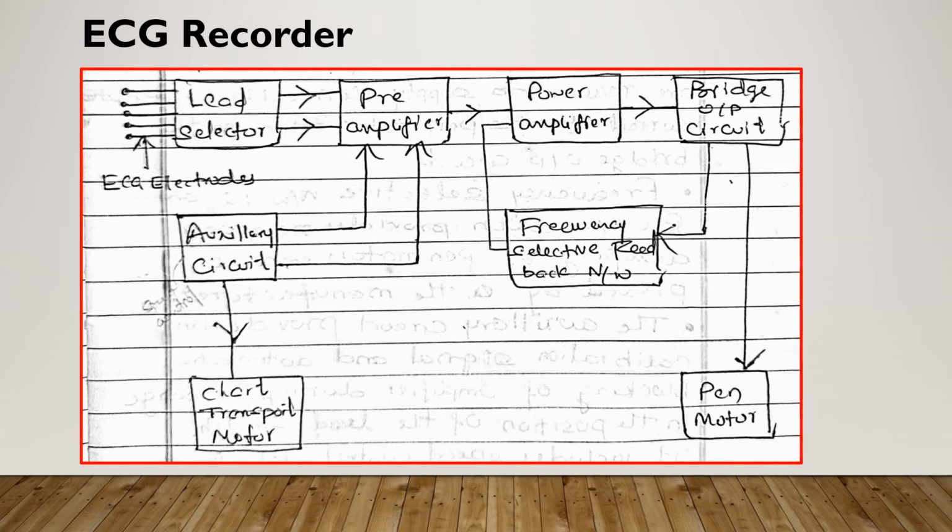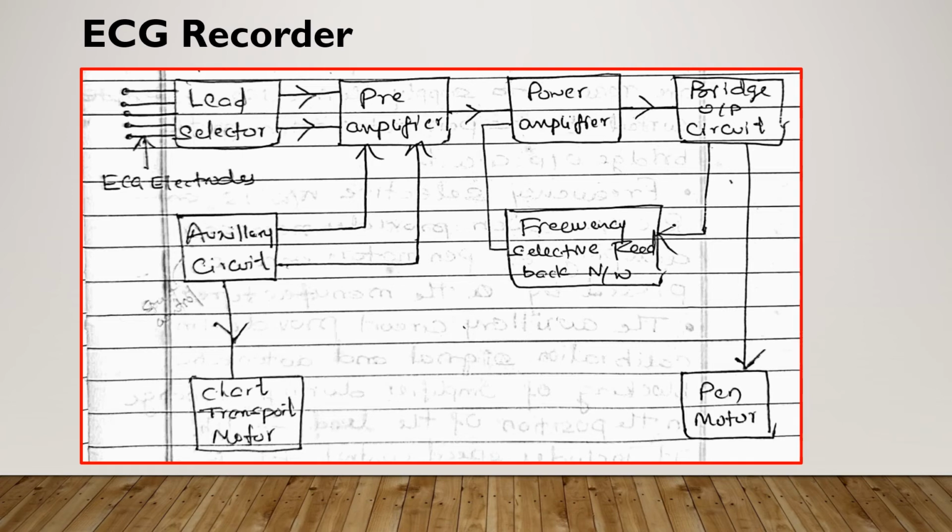The power amplifier is required to supply the necessary alternating current to the pen motor through the bridge output circuit. This one is the frequency selective network, which basically provides the necessary damping of the pen motor and is preset by the manufacturer.